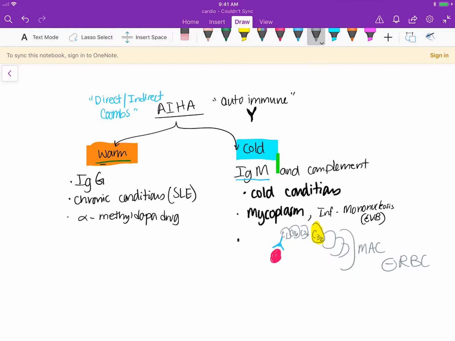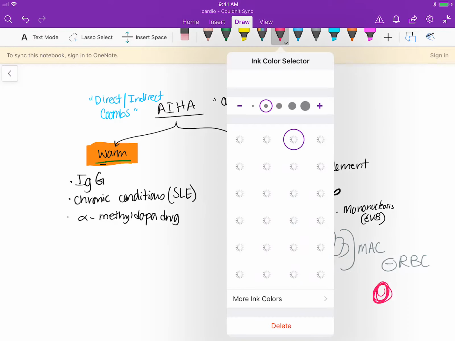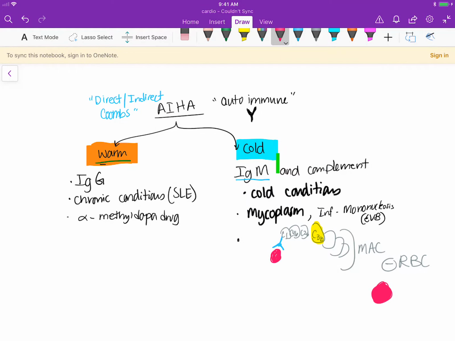Remember that all red blood cells have an anchor protein in them, and on top of that they have a whole bunch of factors. You're going to remember this from something you studied, paroxysmal nocturnal hemoglobinuria. This is when the red blood cells have a GPI anchor, and then they have DAF protein.